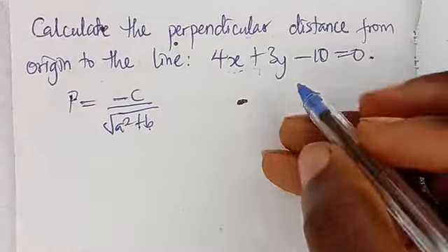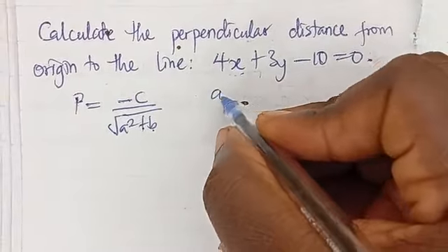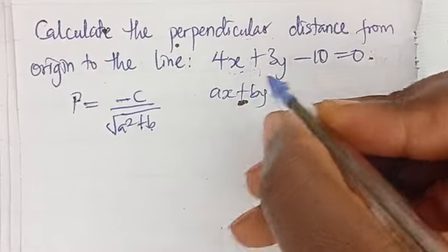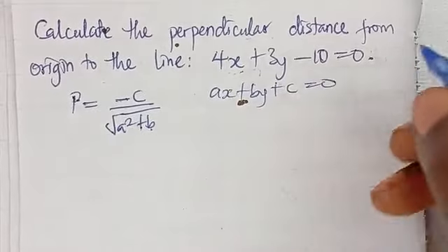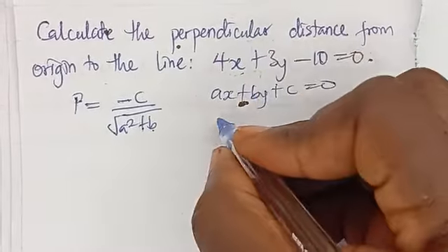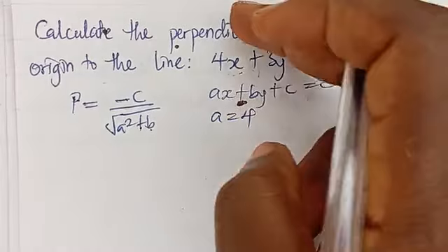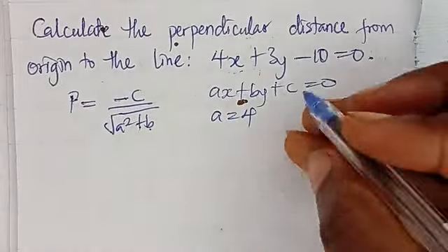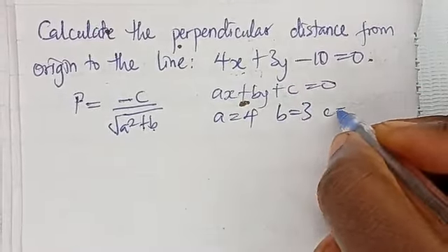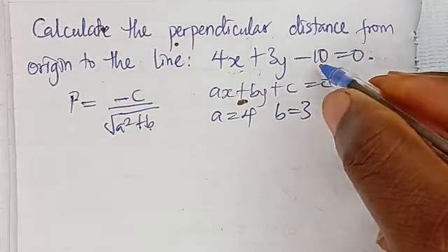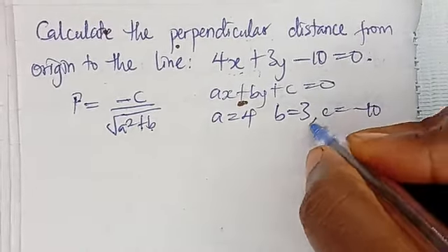Okay. Now we compare this equation with this form ax plus by plus c equal to 0. When we compare it, we know that a is equal to 4 because a is the coefficient of x, and then b is the coefficient of y, and c is the constant value, so it's negative 10, so minus 10.